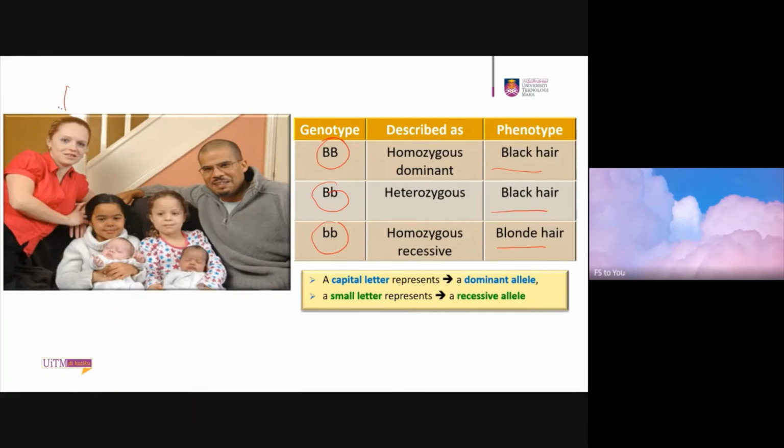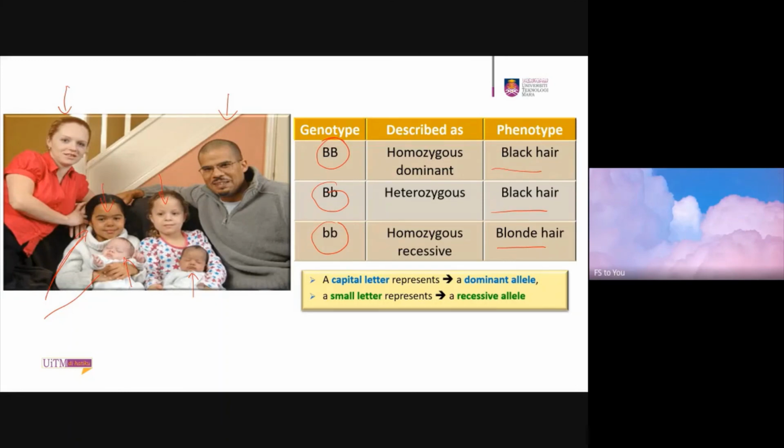Mak dia kulit cerah, bapa dia has a darker skin tone. Dia dapat two sets of twin. The elder twin yang pertama darker skin tone, yang ni cerah, ini cerah, yang ni gelap.